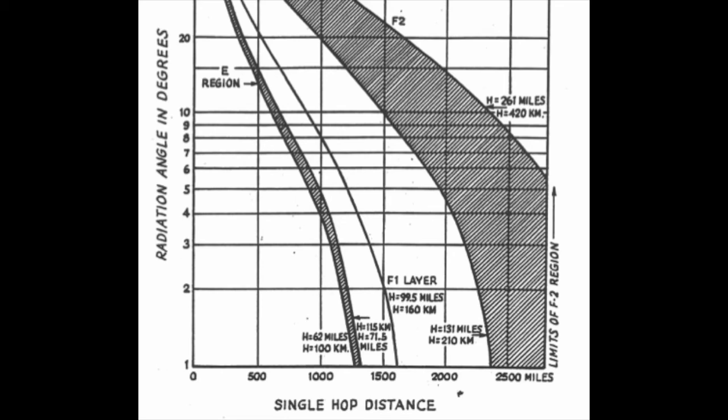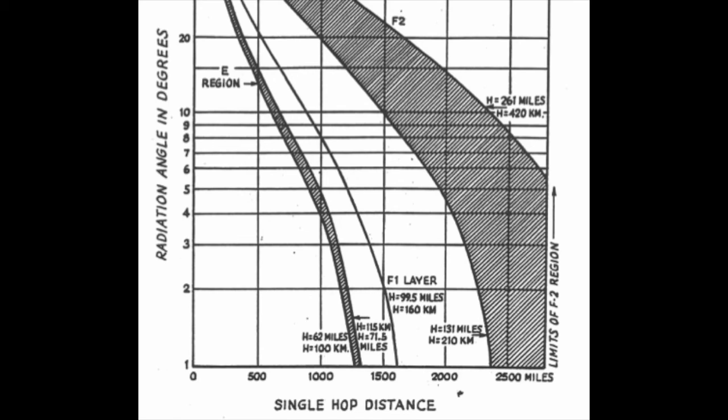Now, we've been talking about the radiation angle as if it was precisely 10 degrees. In general, no antenna is going to have a pinpoint angle for its takeoff angle. So what you're going to find is that, yeah, you can build an antenna whose maximum radiation is centered on 10 degrees.